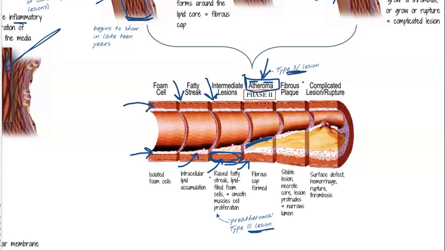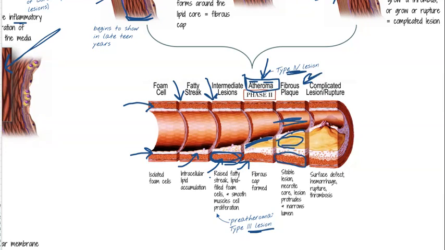And then again, you have this fibrous plaque, which is basically the atheroma growing. The lesion is at this point stable. It's got this big lipid core. You can see the smooth muscle cells have proliferated. You've got this fibrous cap, and it's blocking quite a lot of the lumen, but it hasn't necessarily ruptured or anything like that.